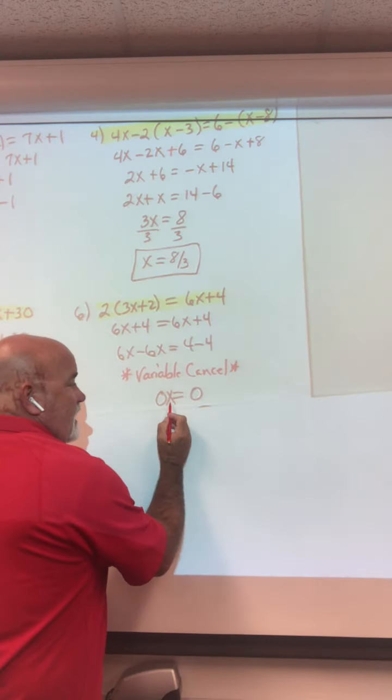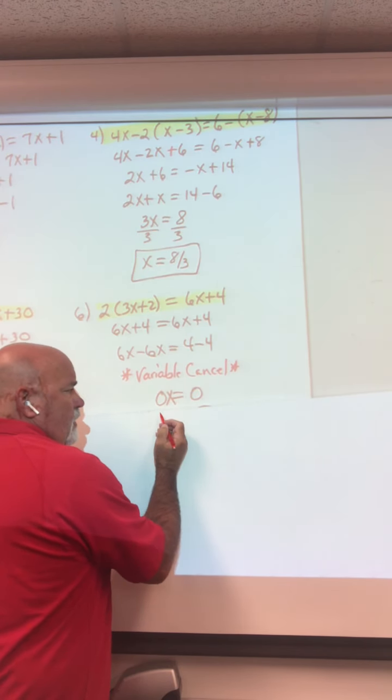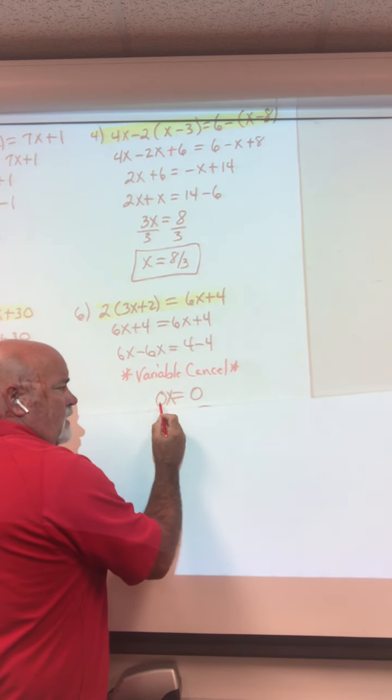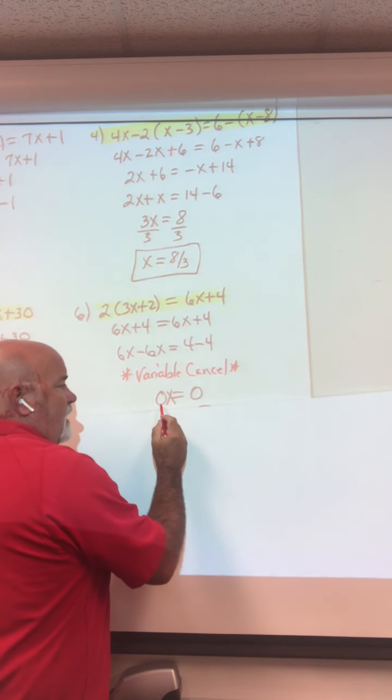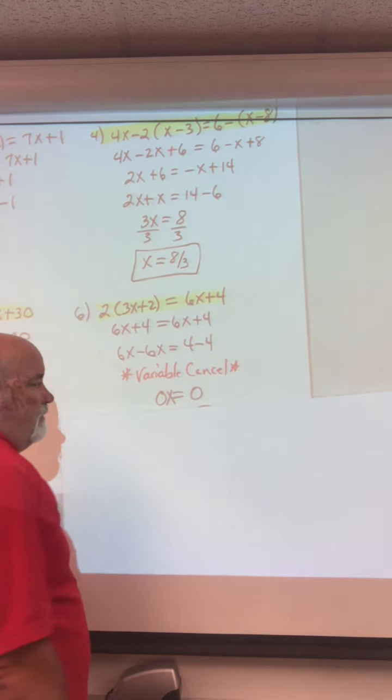Well, let's look at what it says. 0 times what is 0? 0 times anything is 0. 0 times 1, 0 times 2, 0 times -7, 0 times 50, 0 times 7.3. 0 times anything is going to give you 0.